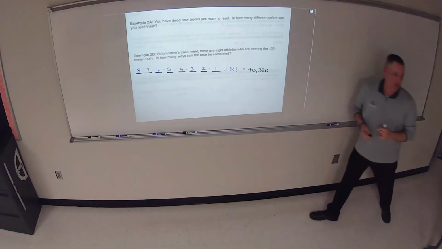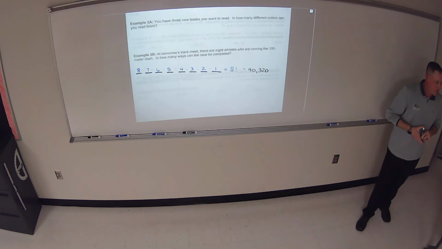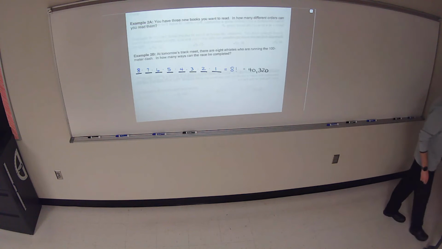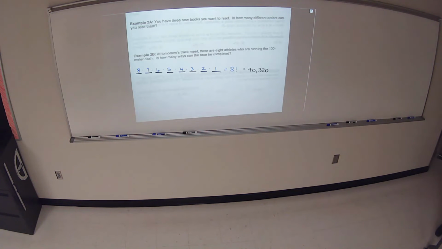That is the number of ways that that race can be finished with 8 different runners. All right, questions on that? Serena. I would take what you're going to show for your work. So if you just want to do 8 factorial, then that's going to be completely fine.